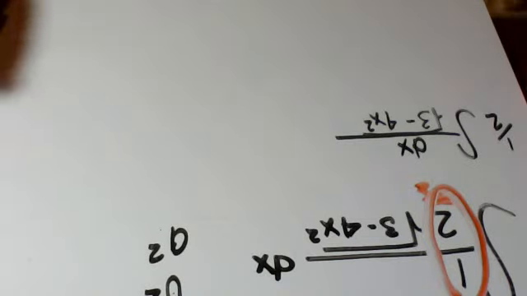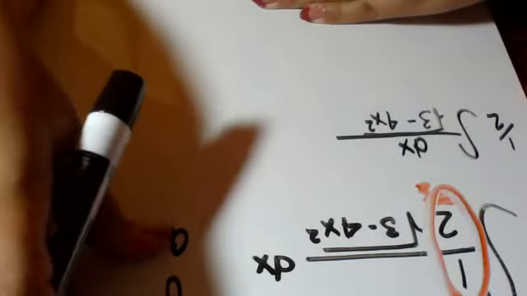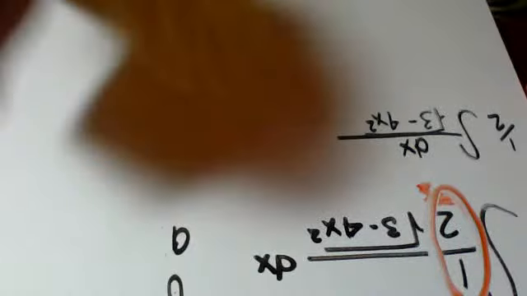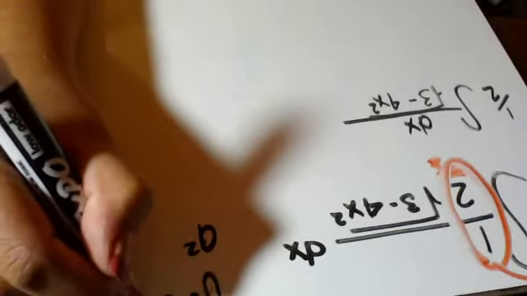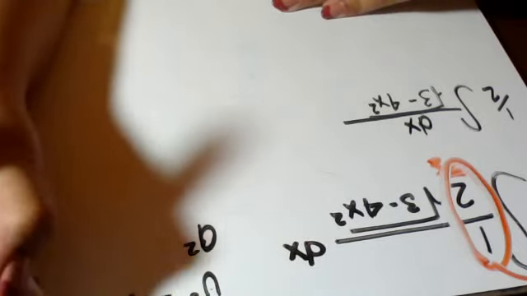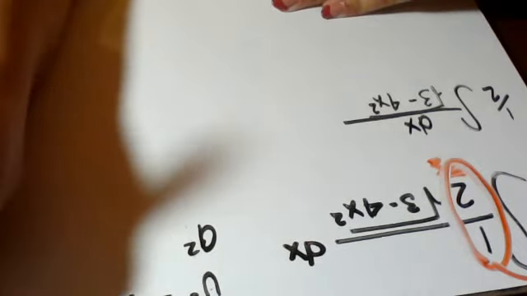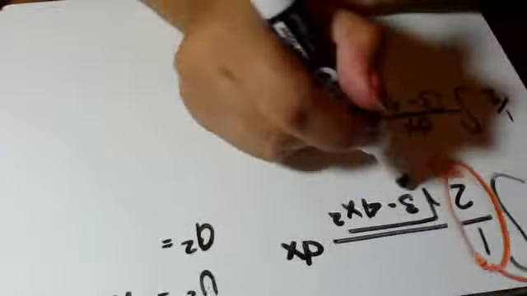Now, actually I'm not going to do U squared. Actually, I want to do it. I'm sorry. Our U squared is 4x squared. Let's make just our regular U 2x. And our A squared is 3.